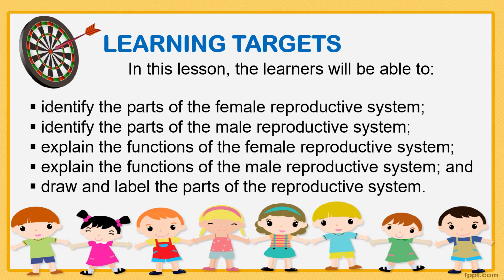In this lesson, the learners will be able to identify the parts of the female reproductive system, identify the parts of the male reproductive system, explain the functions of the female reproductive system, explain the functions of the male reproductive system, and draw and label the parts of the reproductive system.